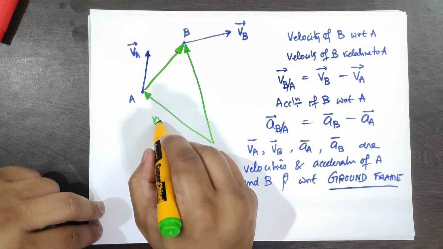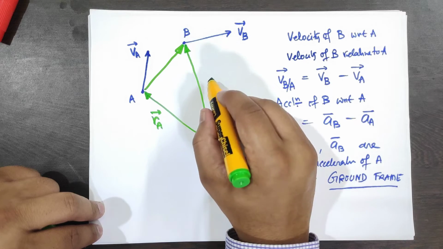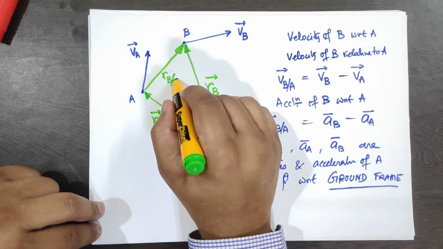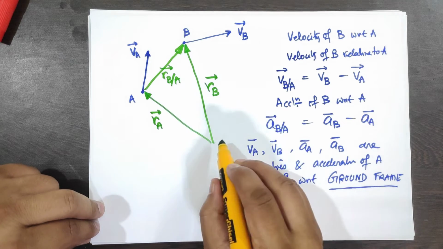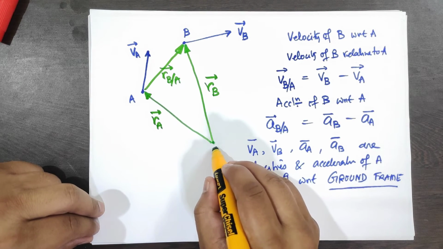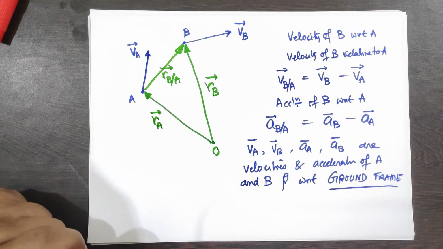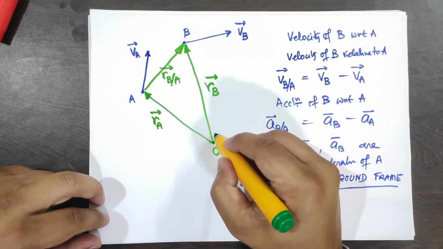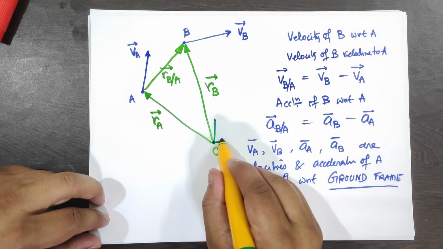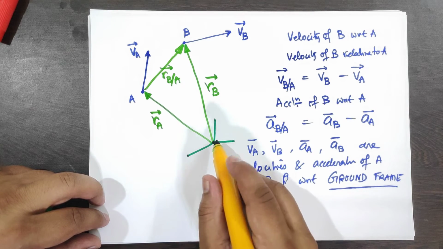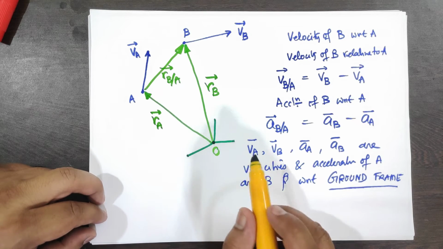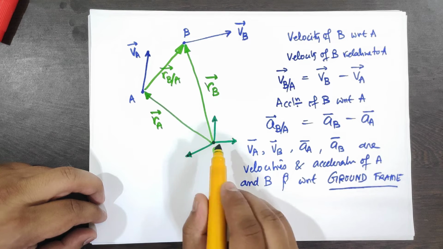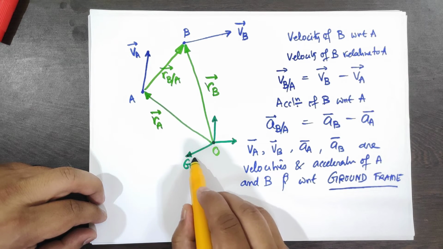So this is RA, RB, I'll explain it in a while, RB/A, and this is the ground frame, and these are the X, Y and Z axes. This is the ground frame, right? A frame is a set of coordinate axes. So this frame is the ground frame.